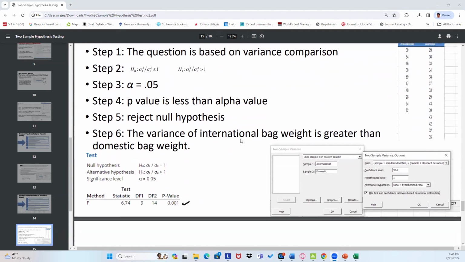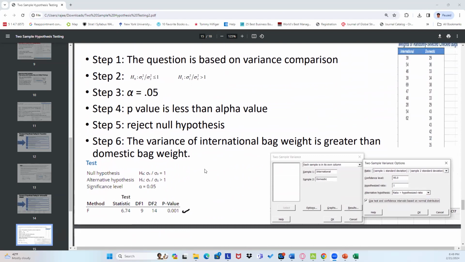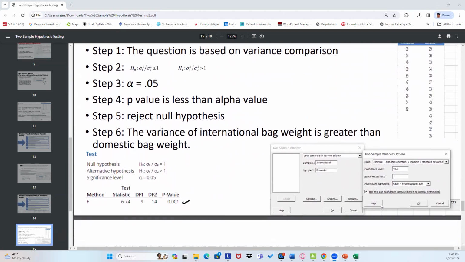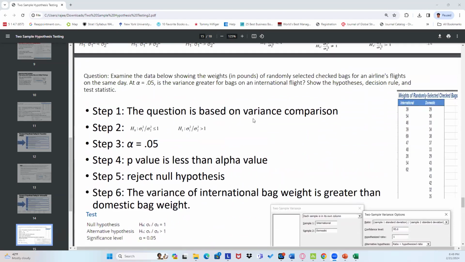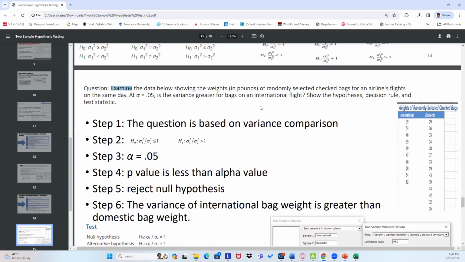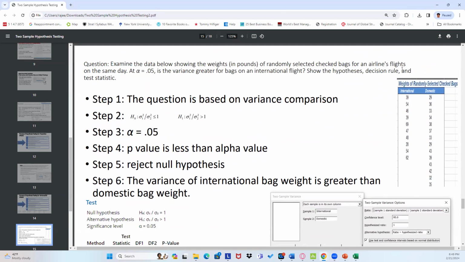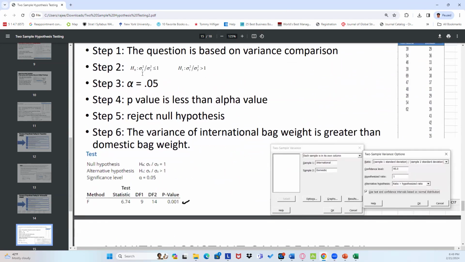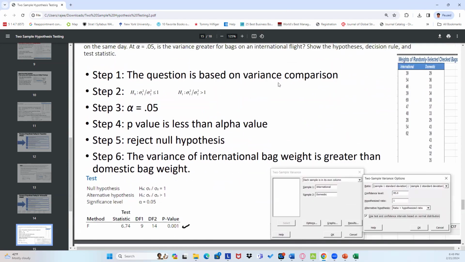So this is the same question. The question is based on variance comparison, so the null hypothesis is less than or equal to.